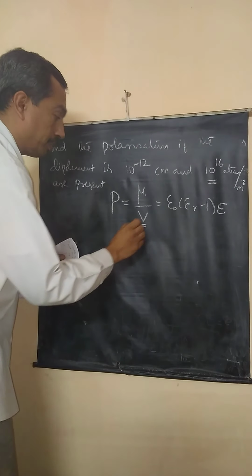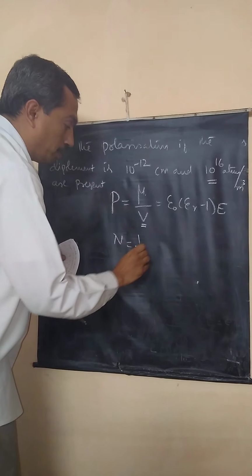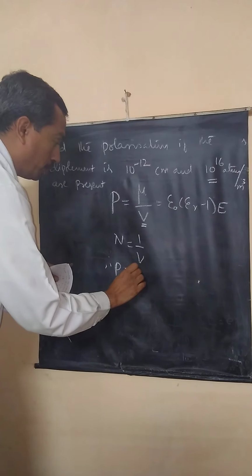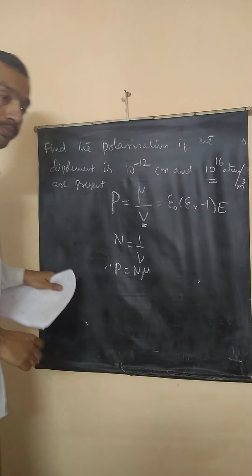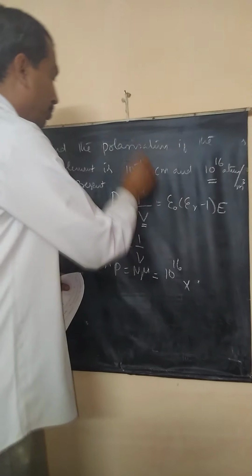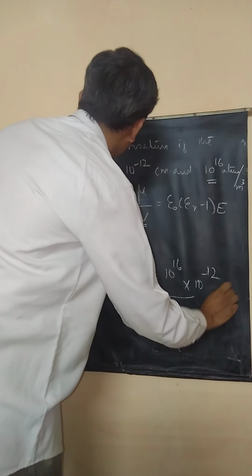So this can be written as, if there are n atoms per unit volume, then it is equal to 1 by V. Correct? Therefore, P is equal to n mu. So 10 power 16 into mu, which is 10 power minus 12.